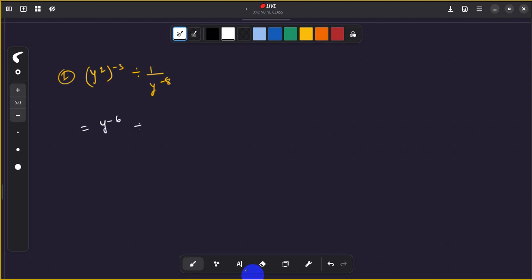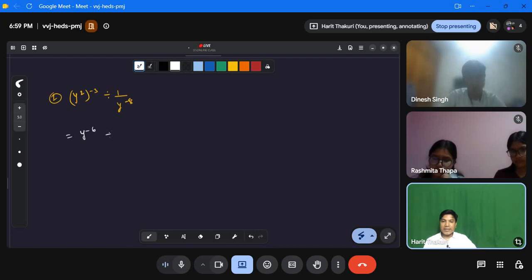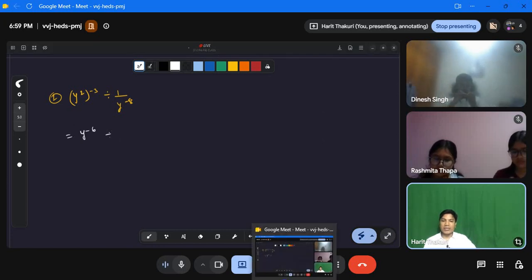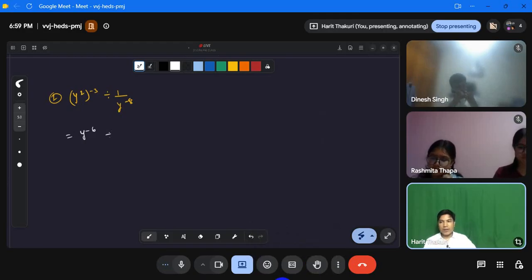And yesterday we had discussed that whenever there is a negative power in the numerator, it can be shifted down to the denominator, and then the power becomes positive.